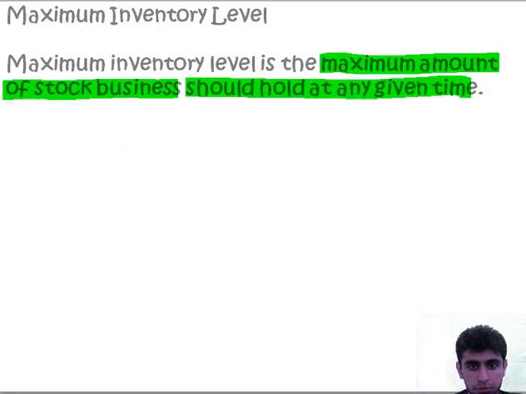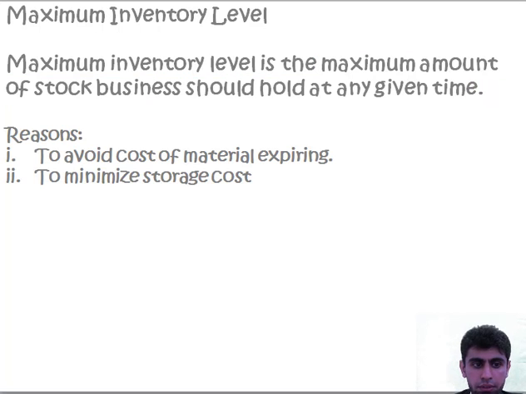And as I discussed before, the reason why we have the maximum inventory level is because we want to avoid material expiring, so in order to avoid expiry cost. This especially applies to material which has a very short expiry period, like fruits or vegetables. They are going to expire very soon.